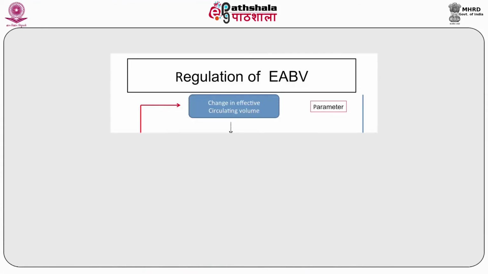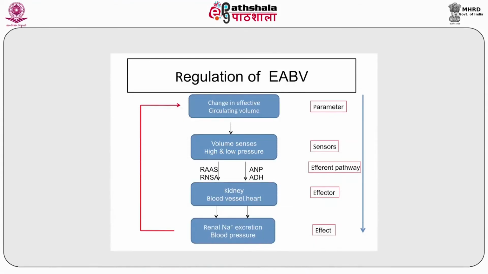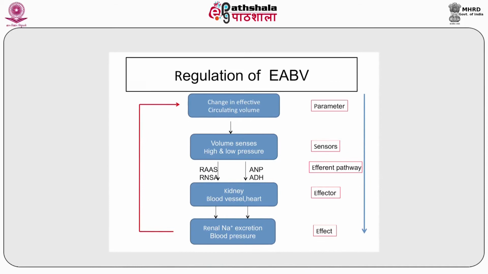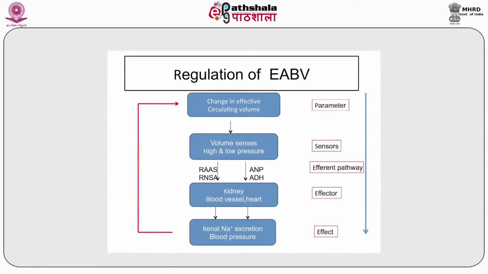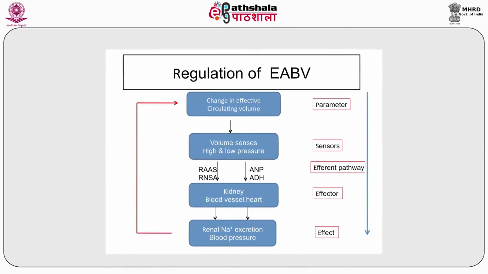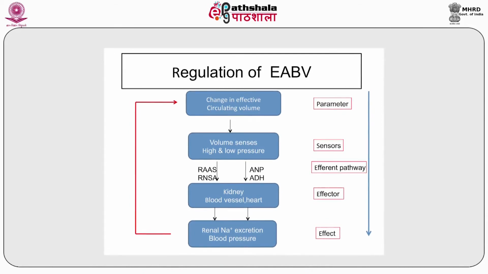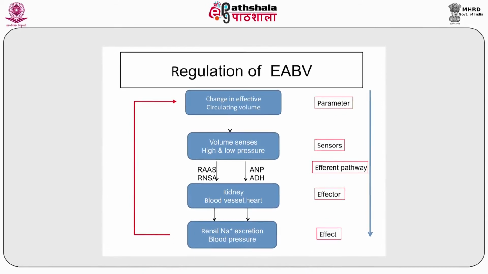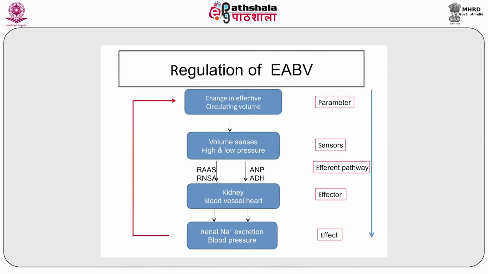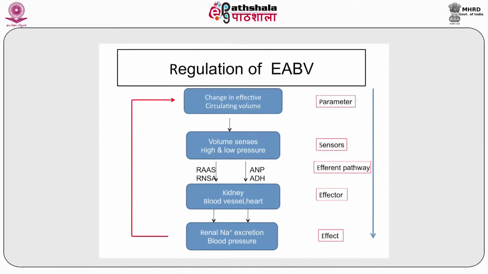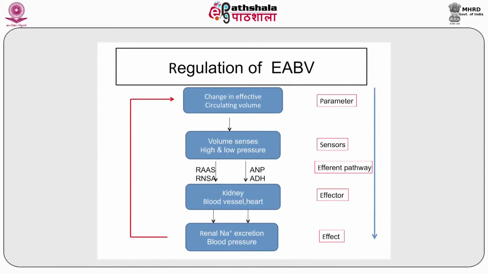Any change in the effective circulatory volume is sensed by the volume receptors, and these volume receptors are basically of two types: high pressure and low pressure receptors. And the four effector pathways are basically the response to a change in the effective circulatory volume.